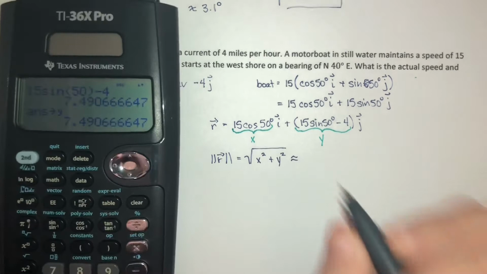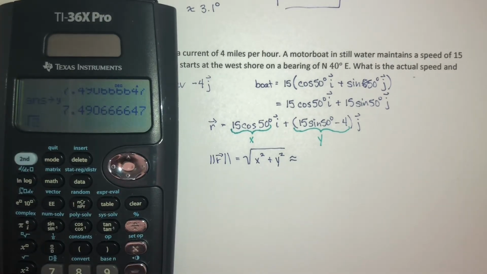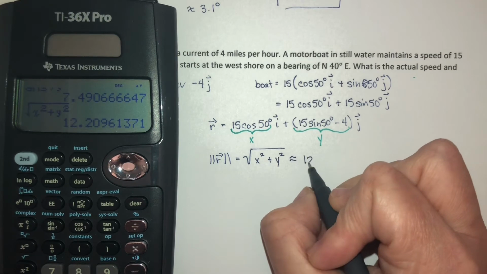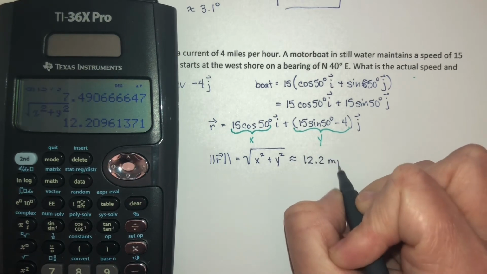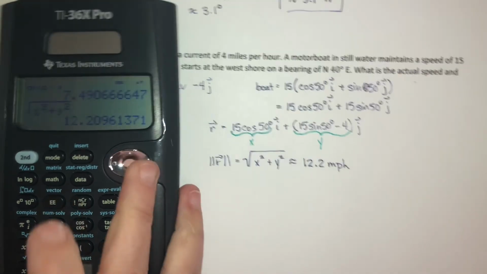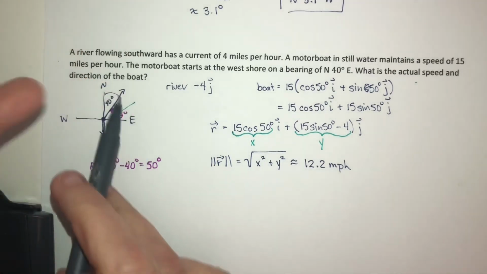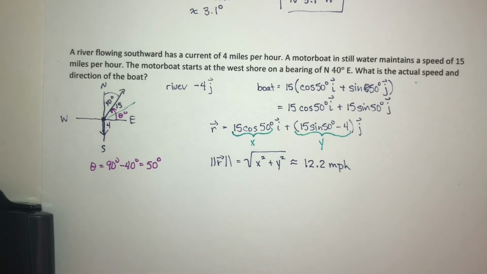If I take the square root of x squared plus y squared, I get approximately 12.2, and this is in miles per hour. And if you think about it, this makes sense. If the boat can go 15, but the current is pushing you south a little bit, it's going to slow you down some.